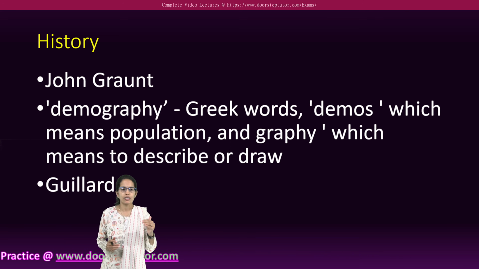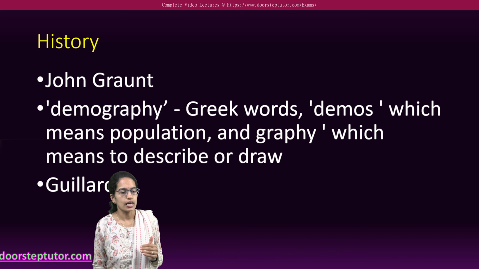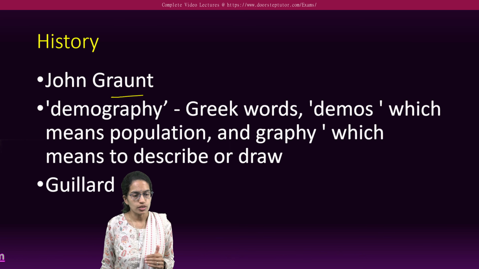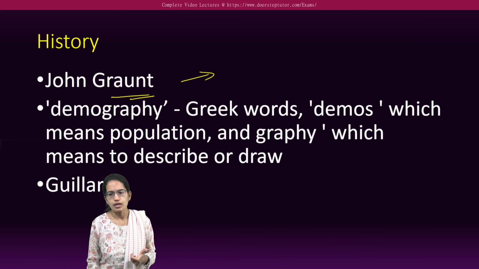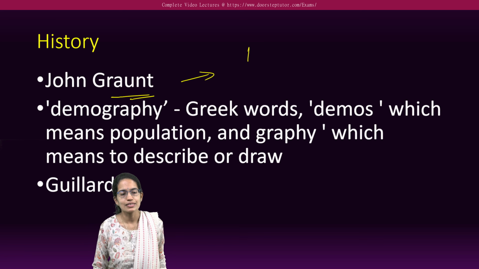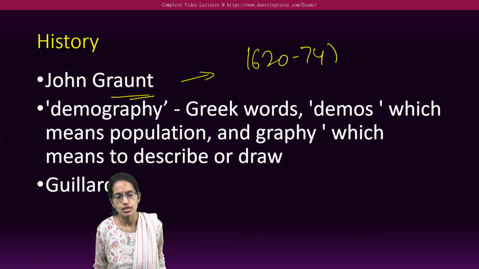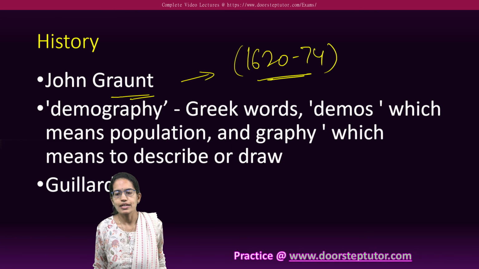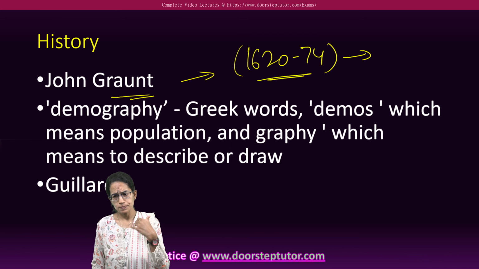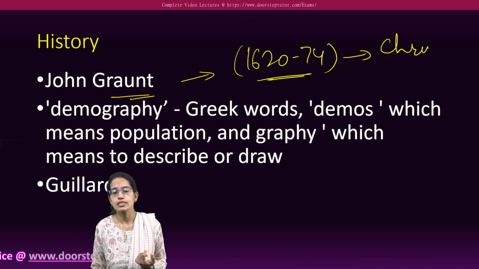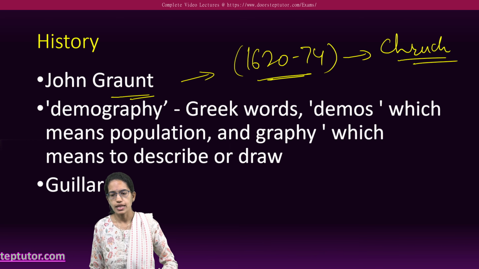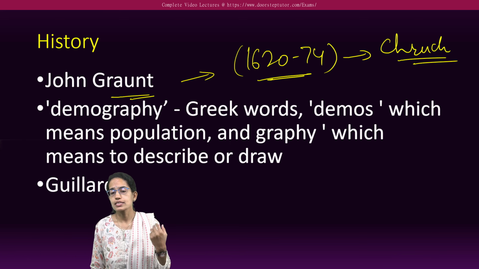Coming on to how the concept of demography came into existence. The demography concept started with the ideas laid down by John Graunt, who lived from 1620 to 1674. He talked about the records maintained in the churches, and these records were for births, deaths, and marriages, which started somewhere around the 15th century.